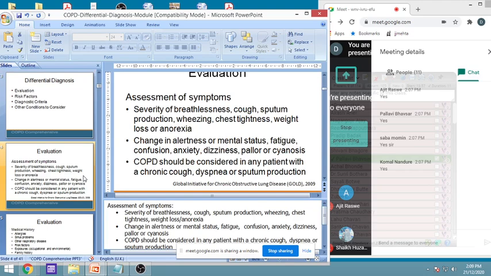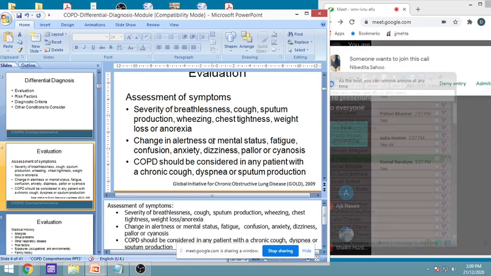We assess various symptoms like severity of breathlessness, whether cough is there simultaneously, how long the cough has been present, what the severity of it is, whether sputum is produced or not, and if yes, what type of sputum, is there any wheezing kind of sound, is there any chest tightness, and whether there is weight loss or anorexia along with this.